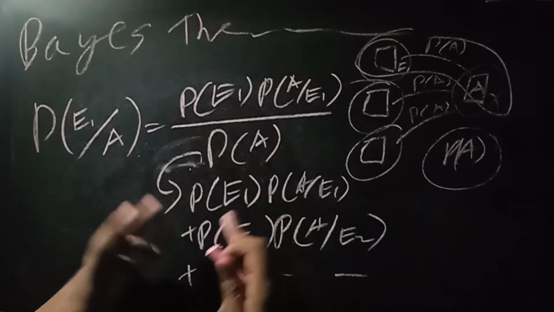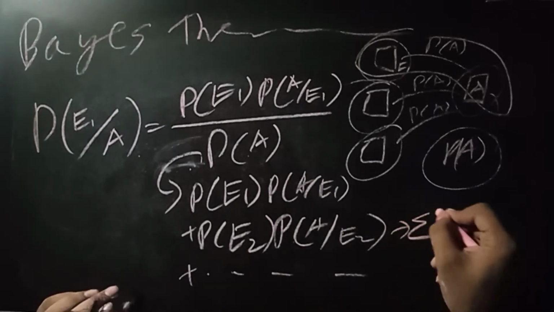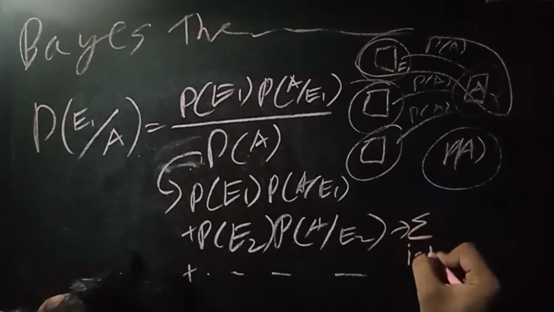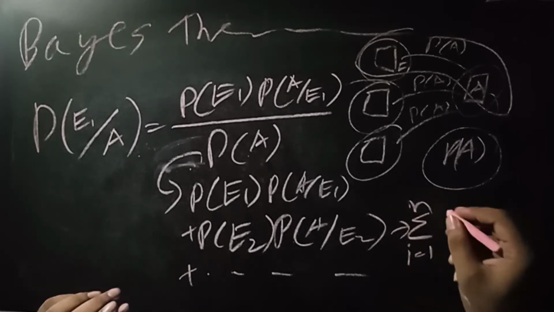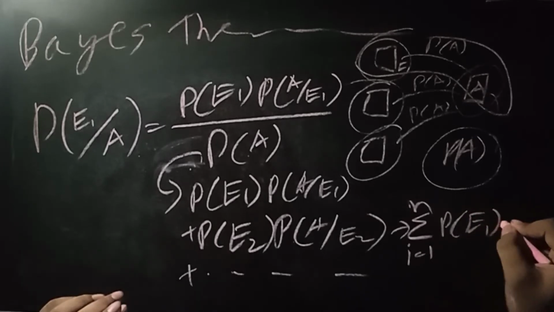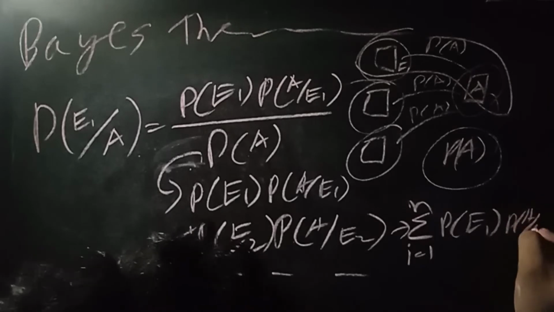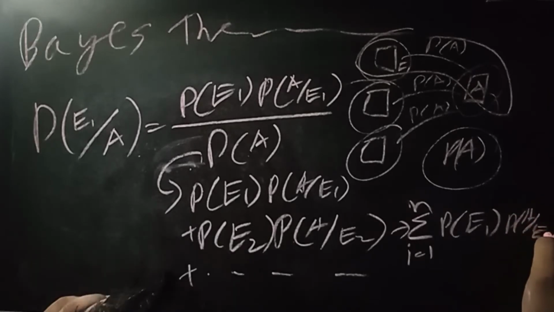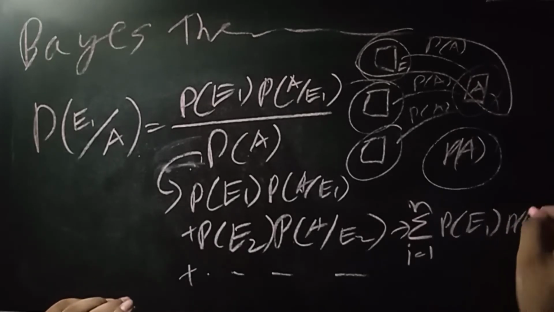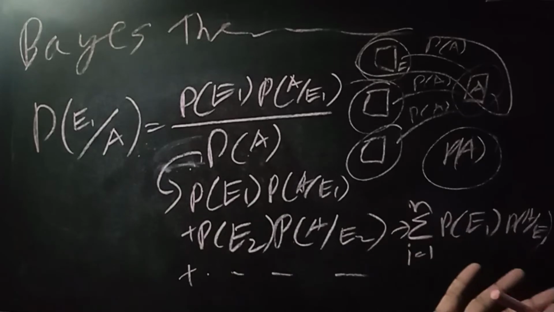So this whole part can be summarized as the summation of i equals 1 to n of P of Ei times P of A by Ei. I don't know if it's visible, but it's A by Ei. So basically that's the Bayes theorem.